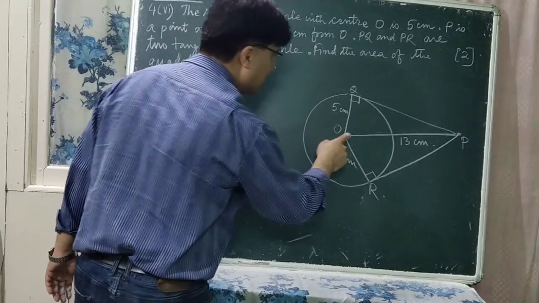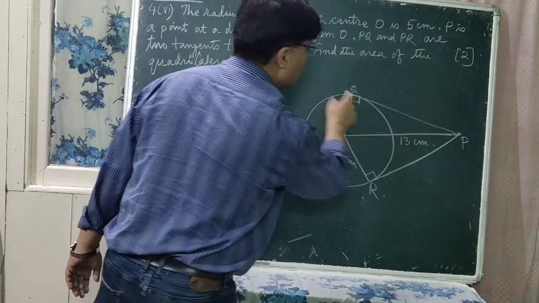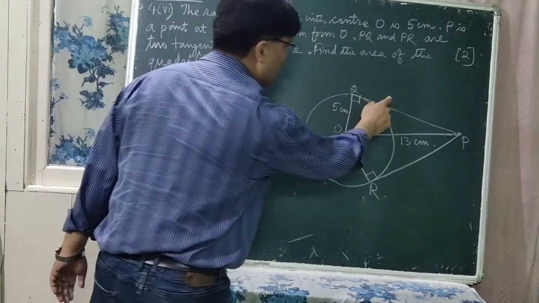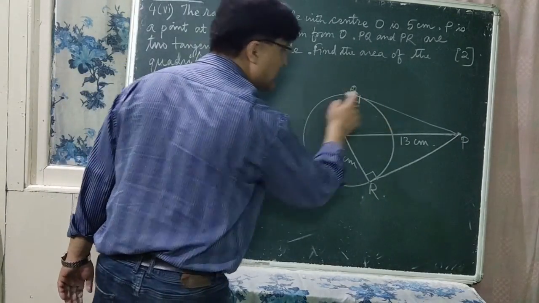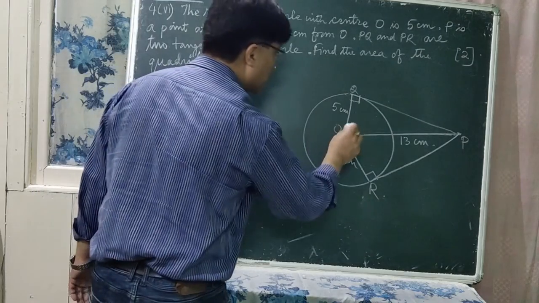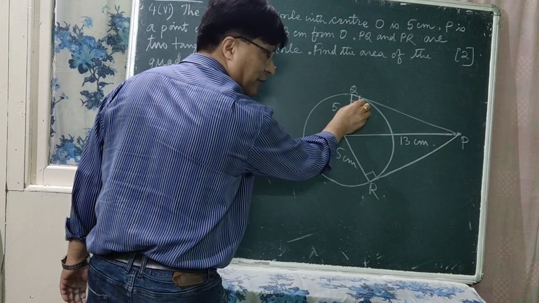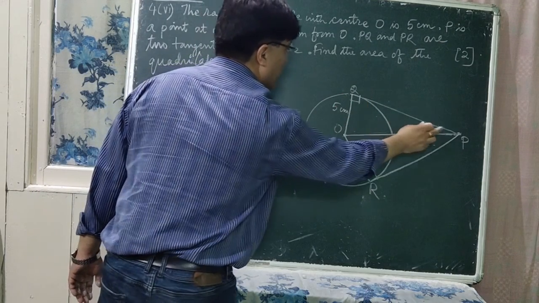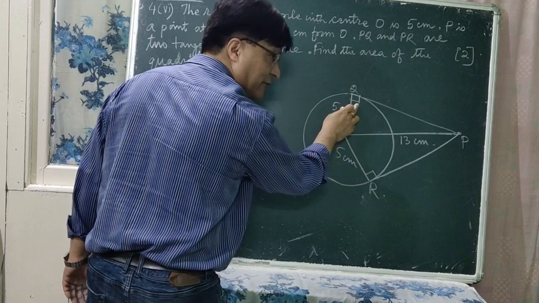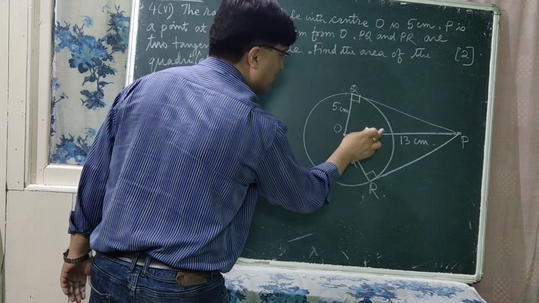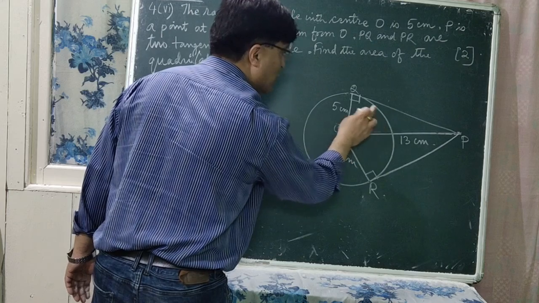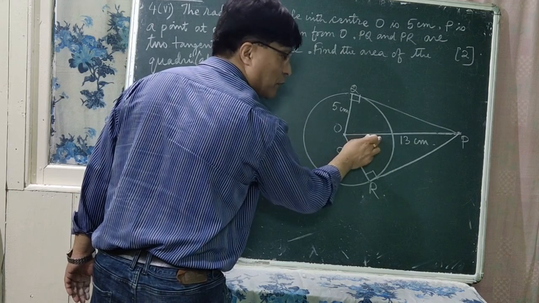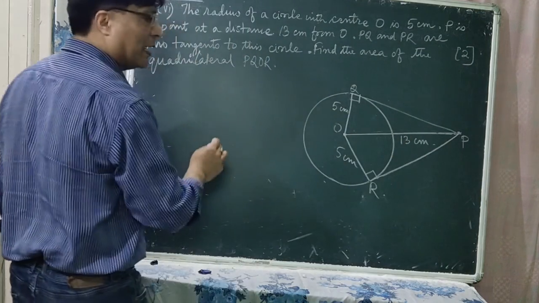So in order to get the area of the triangle POQ, you should know the length of PQ. So PQ will be the perpendicular, PQ is the tangent also, isn't it? So now, since this angle PQO is 90 degree, the side opposite to this 90 degree will be the hypotenuse. That is, OP will be the hypotenuse.